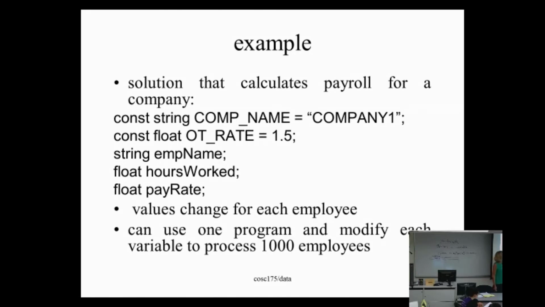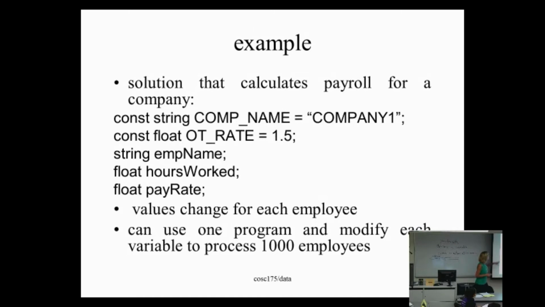Then in addition to coming up with the name for each of these variables, I also have to come up with a type. Now, these values are variable because for every employee entered, the name is going to be different, okay? And for every employee, there's going to be a different pay rate and a different hours worked. So they're going to have different values depending upon who enters the values, okay?